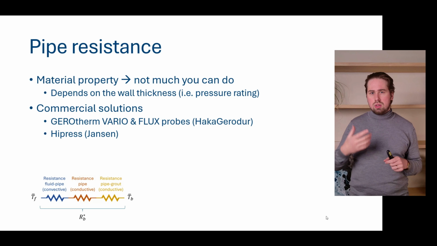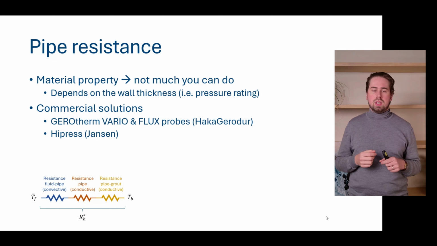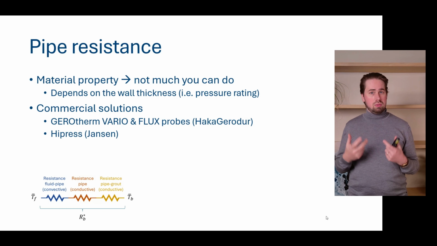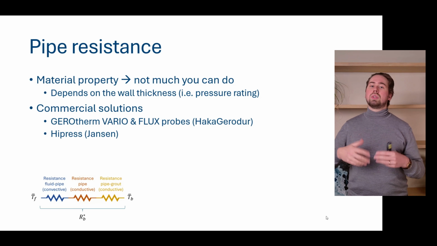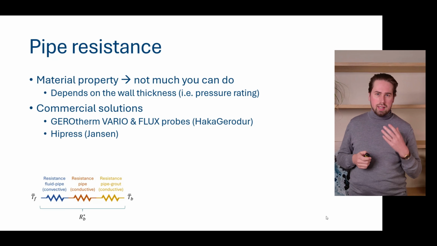Now, they do that to minimize the hydraulic losses, the pressure drop, which we will discover later. But this also has the side benefit that on average, your wall thickness is smaller, so also your pipe resistance is smaller.